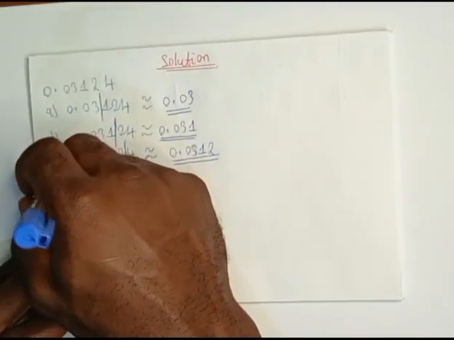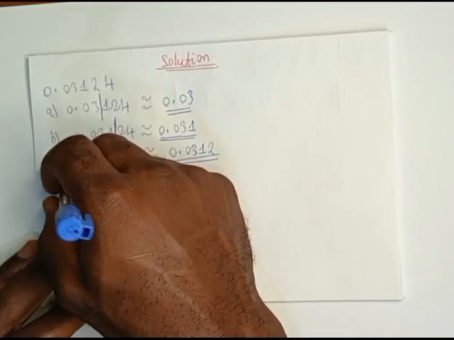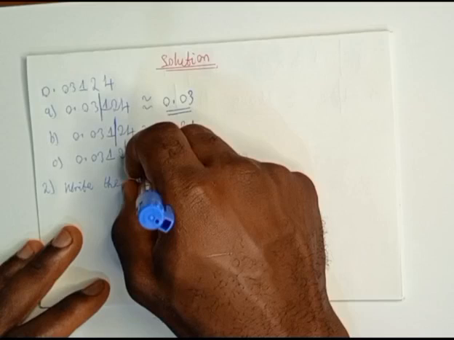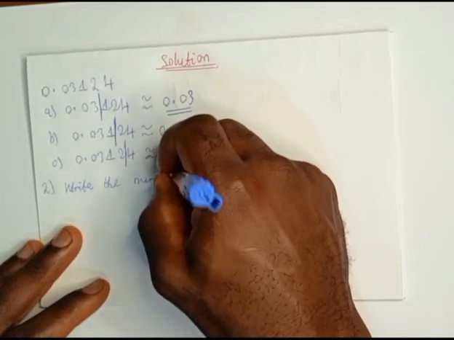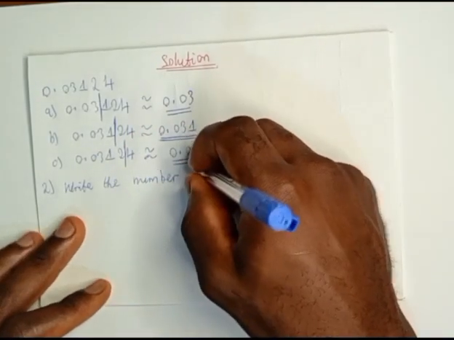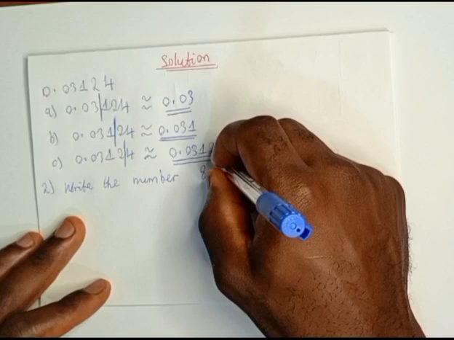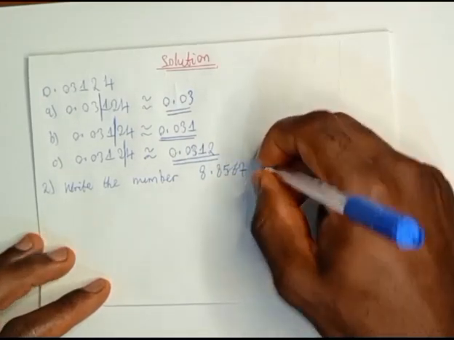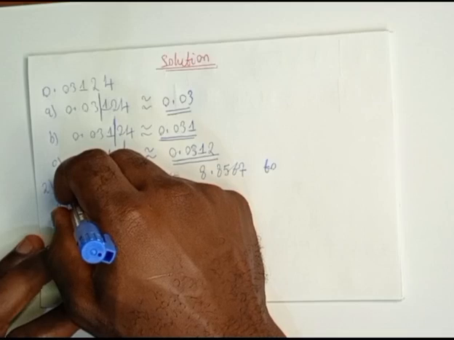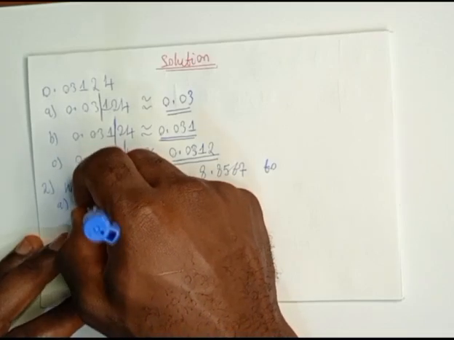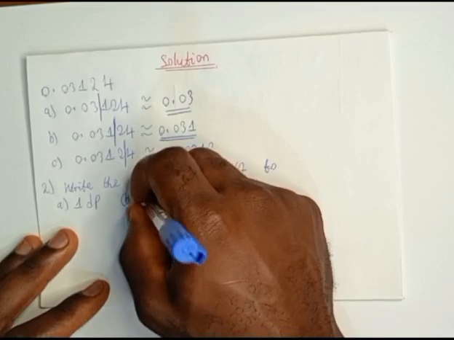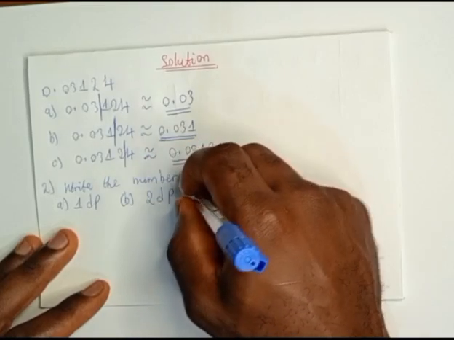We move now to example 2, which says write the number 8.8567 to question A, 1 decimal place. Question B, 2 decimal places.